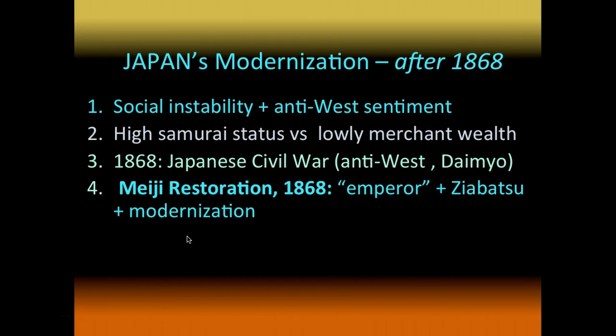And they removed the last Tokugawa shogun, and they created a nation-state focused on the return of one leader who was considered to be a descendant of the earlier gods. And that one leader was the emperor, but he was a puppet figure. He was 15 years old, and his advisors were the Zaibatsu, who were the former samurai.